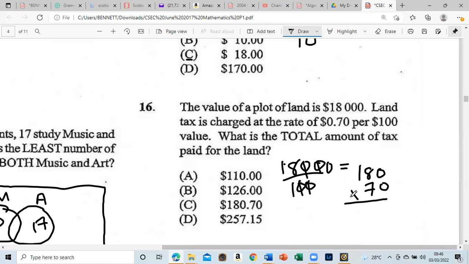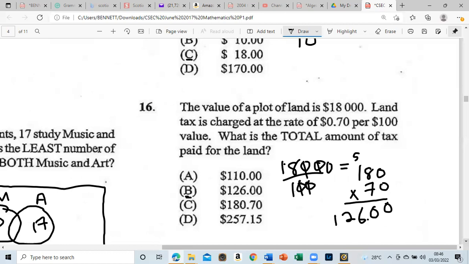What I do with 70, guys, is we can just put the 2 decimal places after, right? So 0, 7, 0, 0, 7, 8, 56. You see the answer already, it ends with a 6. So that's B. We'll just multiply it out. 7 plus 126. Now we have 2 decimal places, as 70 cents. So that is B. So number 16 is B.